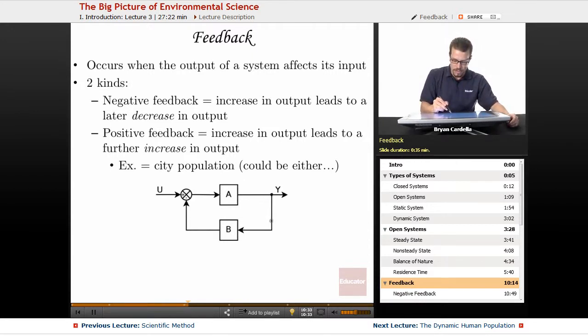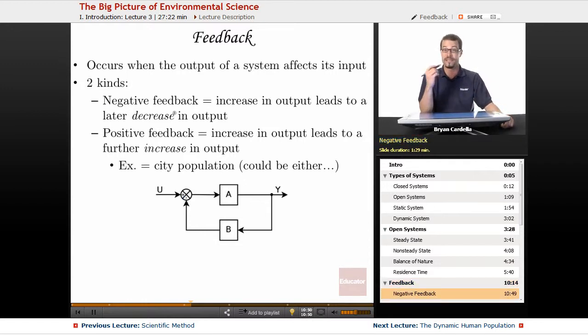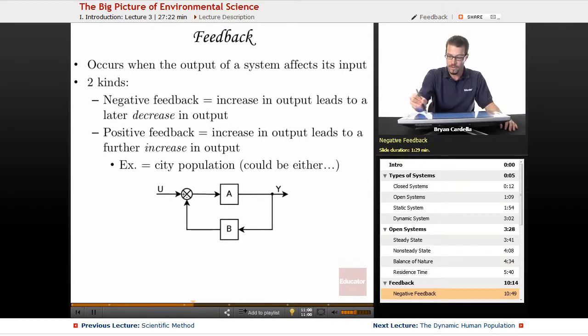And then that product accumulation leads to, inevitably, the shutting off of the formation of that product, or it can actually encourage it, it can increase it. So those are different types of feedback. Two kinds. Negative feedback, which happens a lot in the human body, is where an increase in output leads to a later decrease in input. So let me highlight that for you.